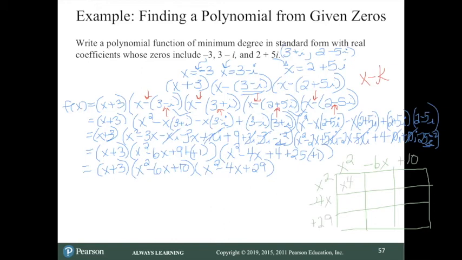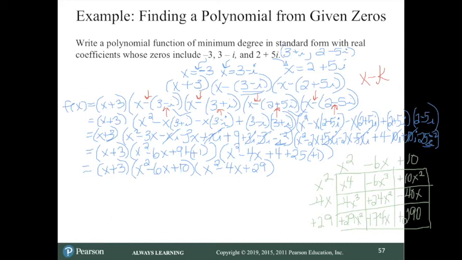So I get x to the fourth minus 6x cubed plus 10x squared minus 4x cubed plus 24x squared minus 40x plus 29x squared. 29 times 6 is 174, minus 174x plus 290.